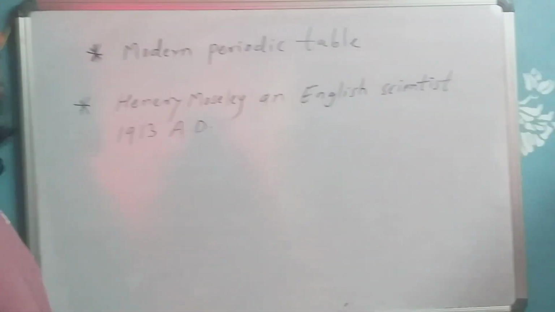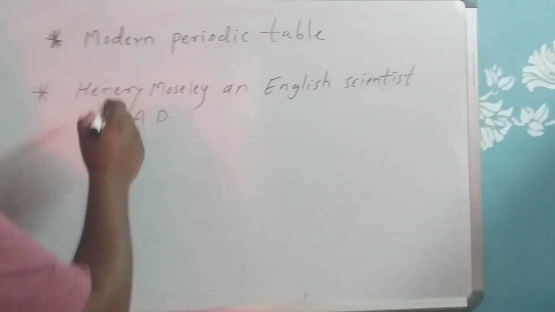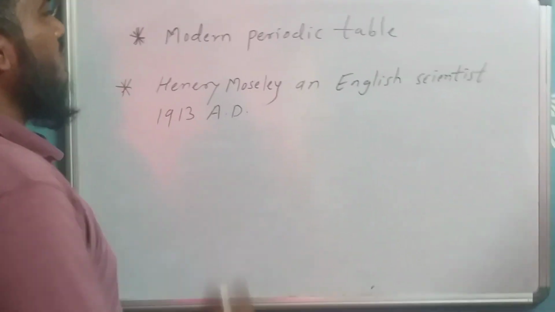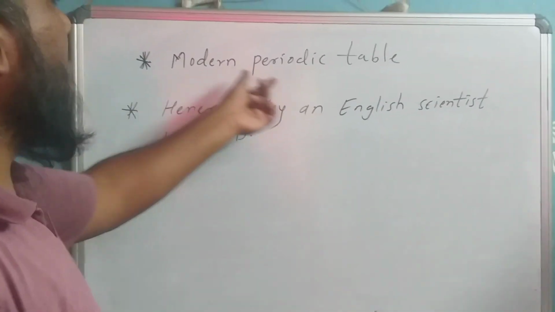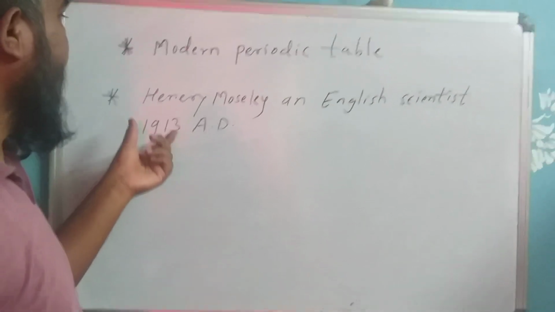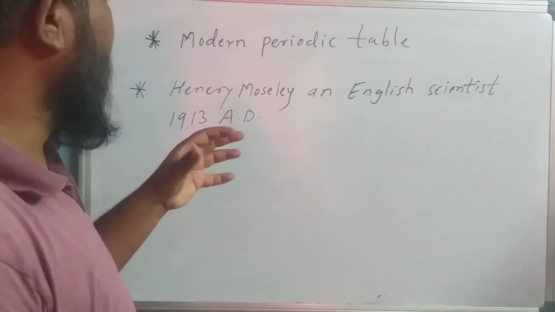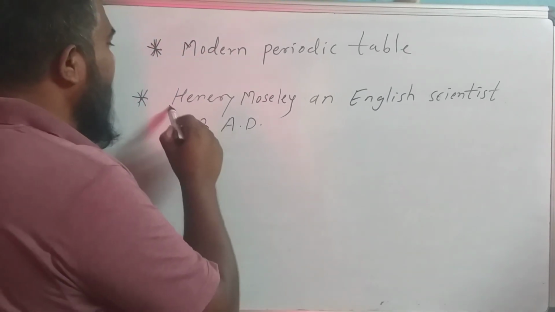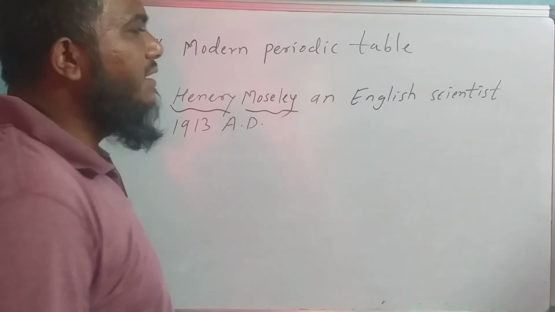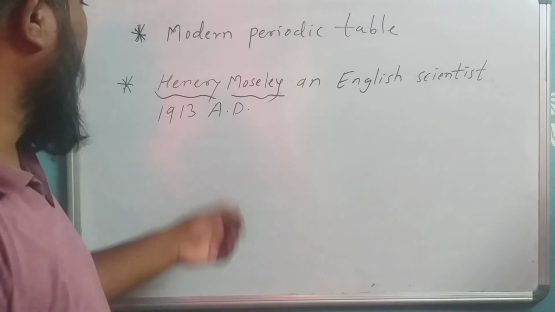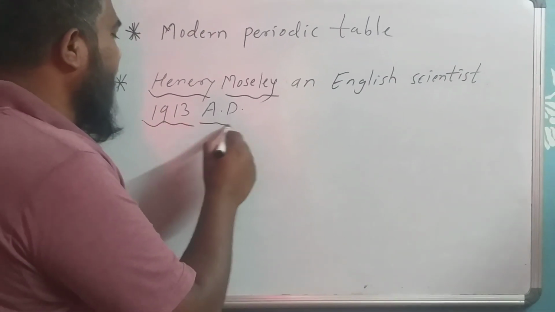Hello everybody. Today we are going to discuss the next point of this topic, that is the modern periodic table. The modern periodic table was invented and arranged by the English scientist Henry Moseley and his co-workers in 1913 AD.